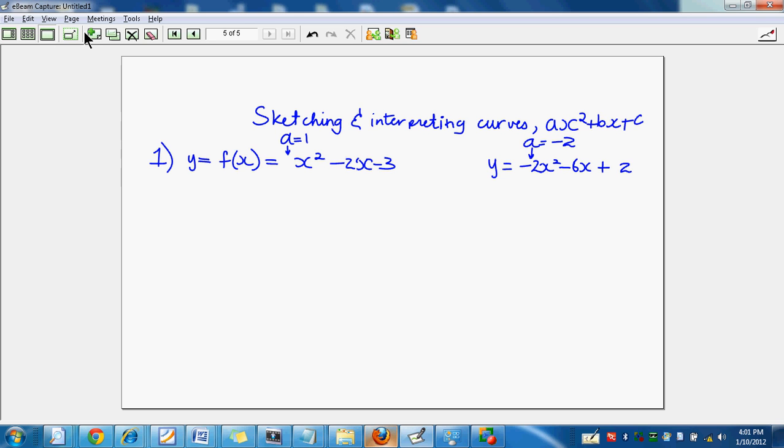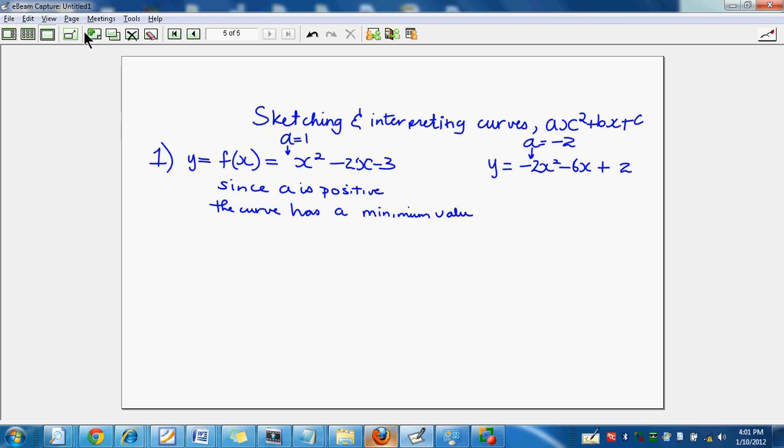So in the first instance, A is 1, and therefore the sign of A is positive. A is positive, and therefore we expect to have a minimum value, right? So since A is positive, the curve of this particular function has a minimum value.